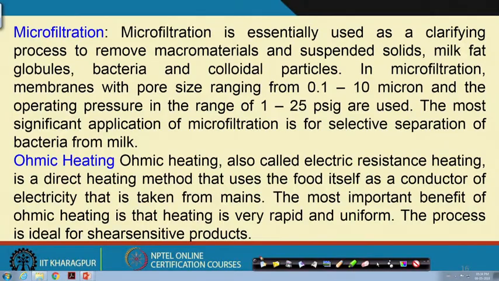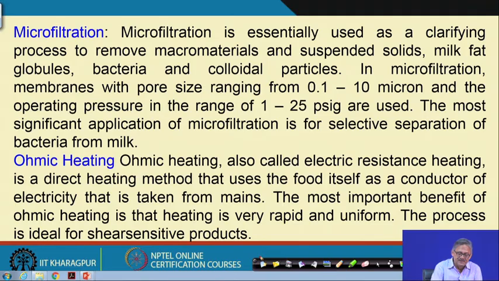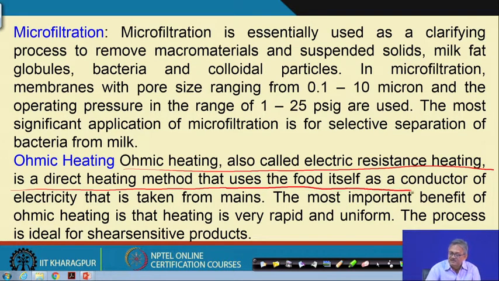So the electrical resistance of the material is the primary mechanism by which ohmic heating has been introduced. Ohmic heating, also called electric resistance heating, is a direct heating method that uses food itself as a conductor of electricity that is taken from the mains.